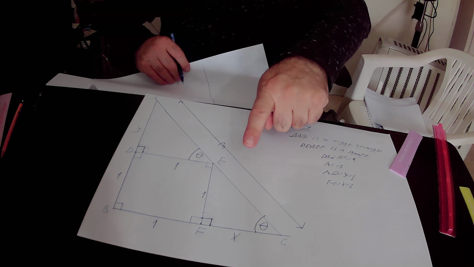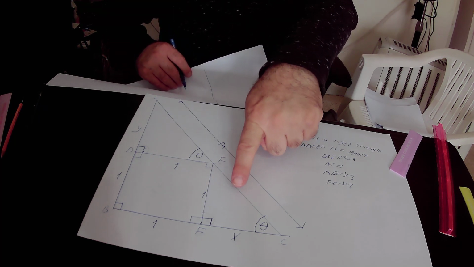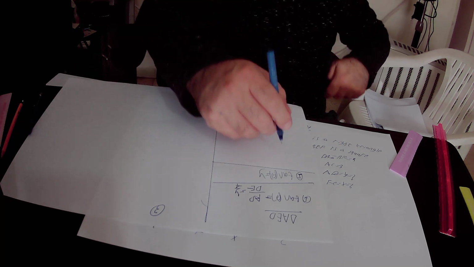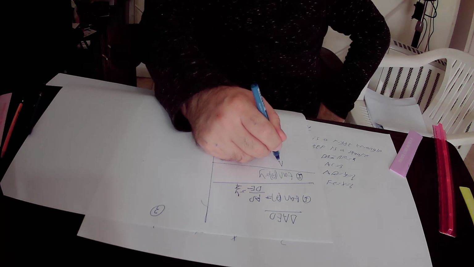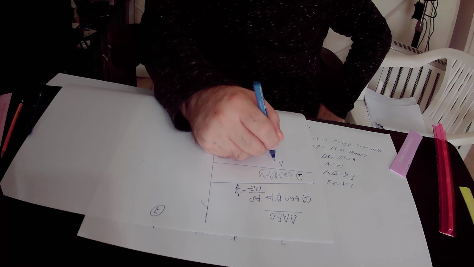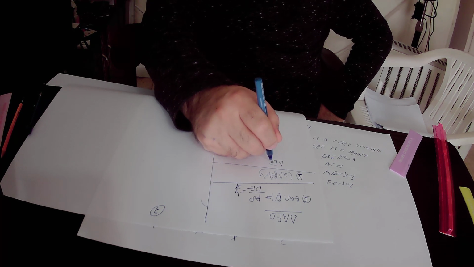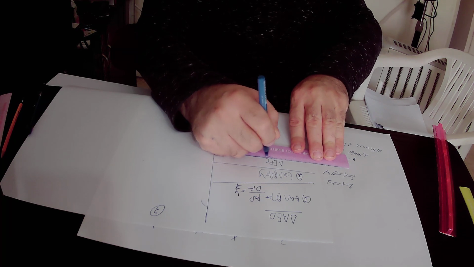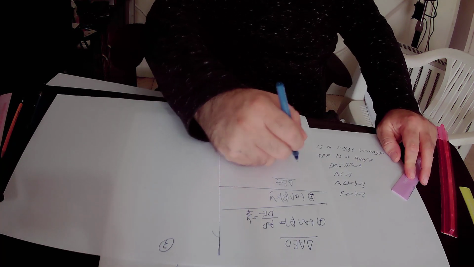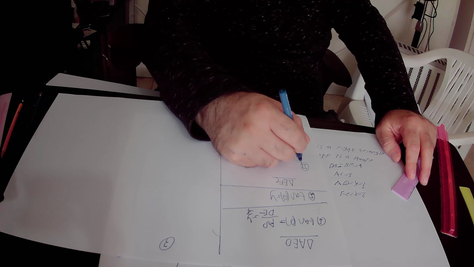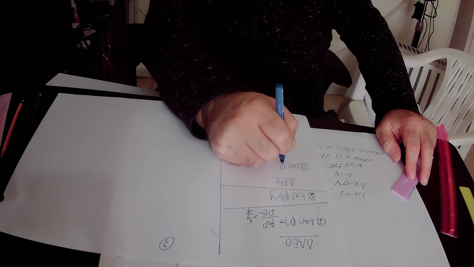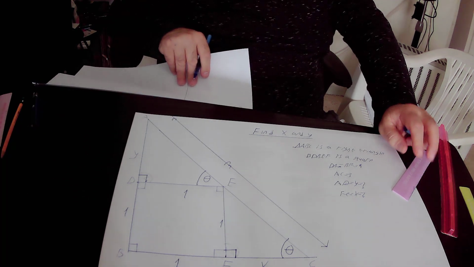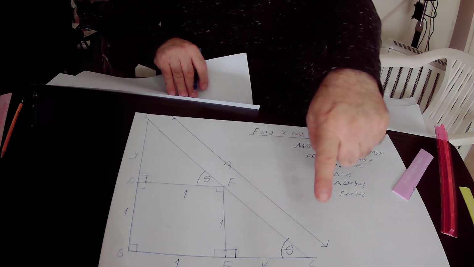In the next step we will focus on the right triangle, triangle EFC. In the right triangle, triangle EFC, tangent theta will be equal to EF over FC.